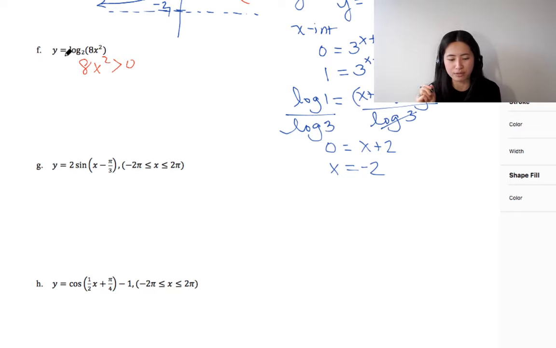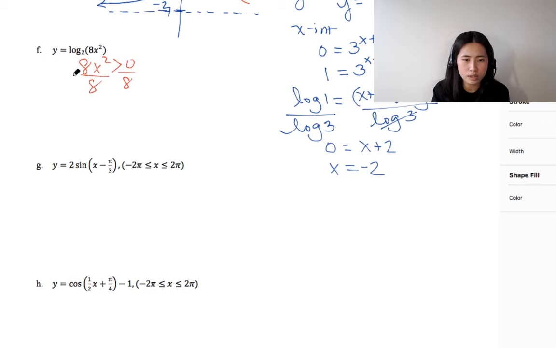You cannot have your function at x equal to 0. That's why it needs to be greater than 0. So when you divide both sides by 8 and take the square root afterwards, you're going to see that x needs to be greater than 0, and therefore your domain is x greater than 0.